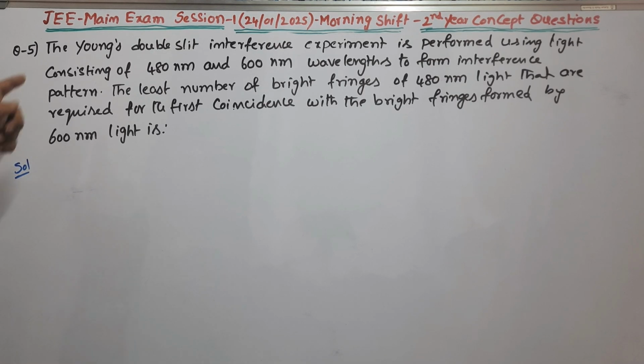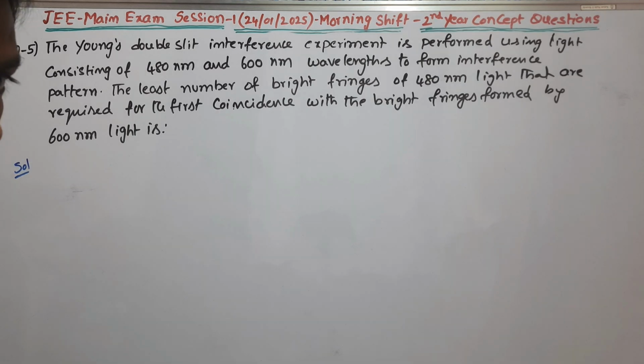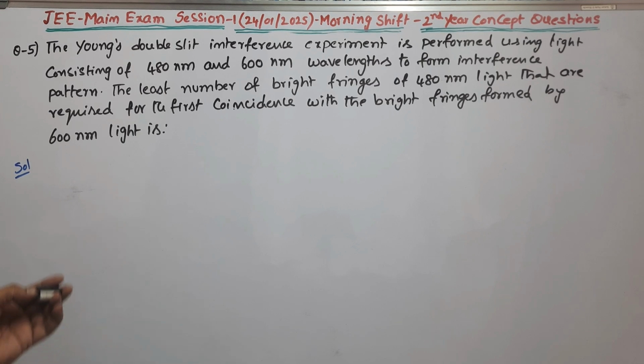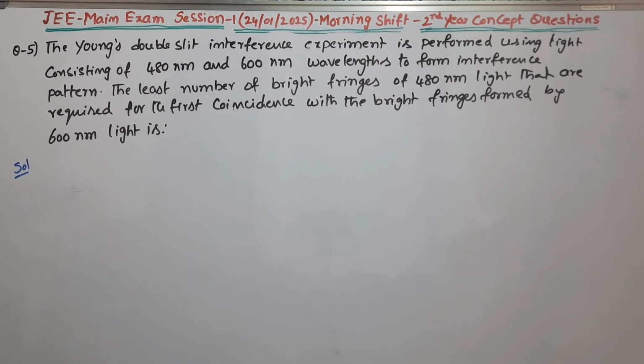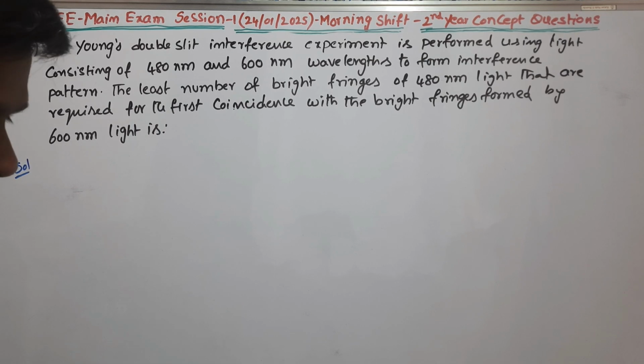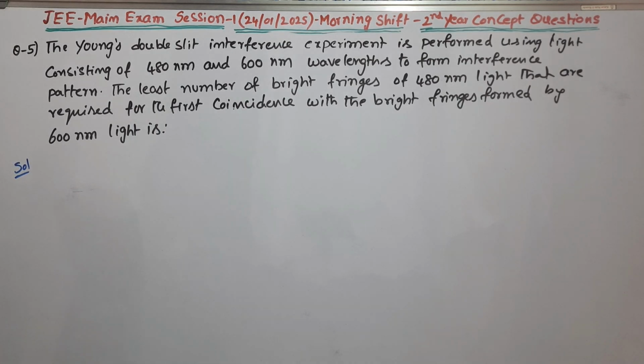You know, in Young's double slit experiment, due to interference of two light waves, what kind of light waves? Coherent light sources, coherent waves interfere. There is a pattern, alternating bright and dark fringes are formed. This is called interference. So what is here?